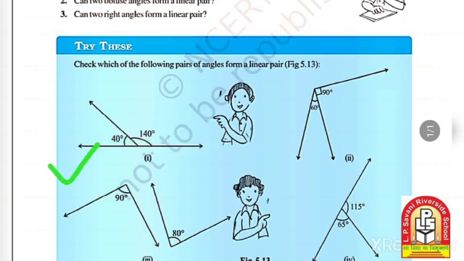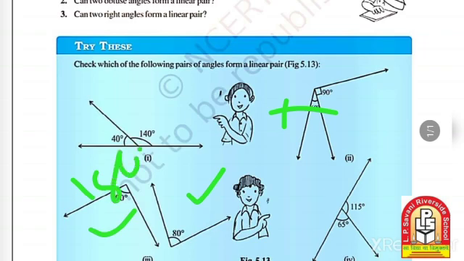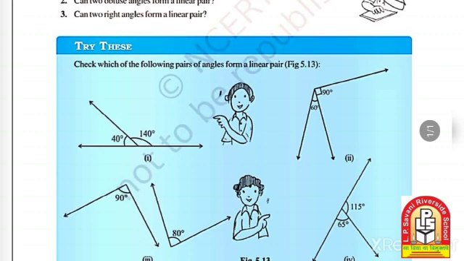So this is a linear pair. Here 90 plus 60 does not make 180, so this is not a linear pair. Another, 90 plus 80 is 170, which is below 180. So the sum of these two angles is not 180, so these are not a linear pair.